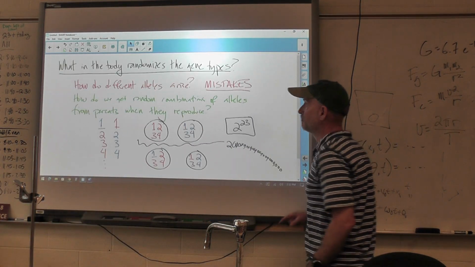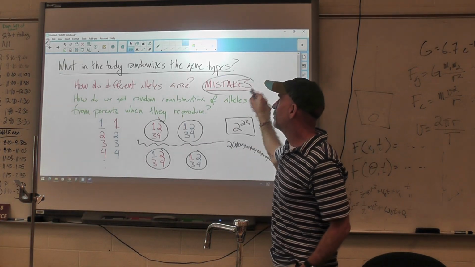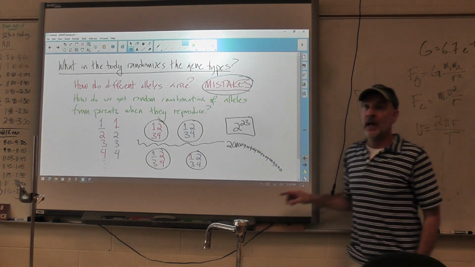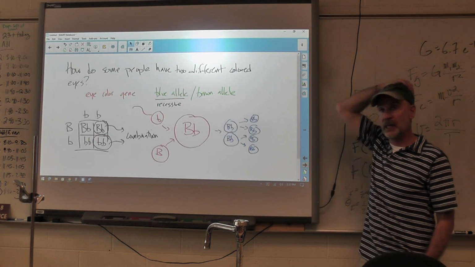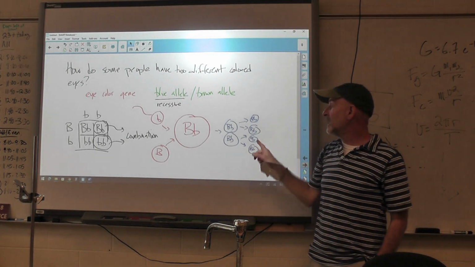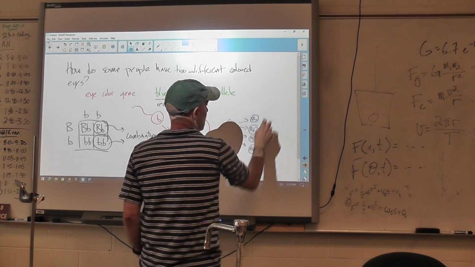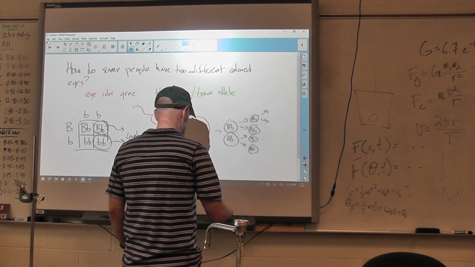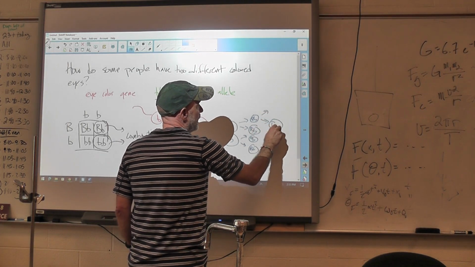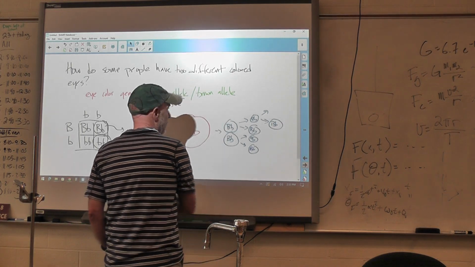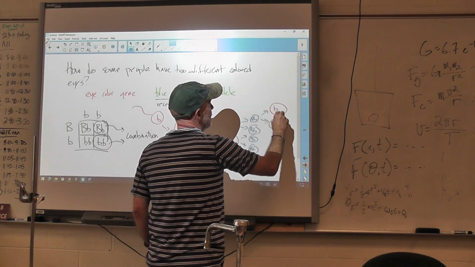Mistakes. And there's two ways that you can get a mistake. One is in the allele itself. At some point, there may have been a split that resulted in one of the cells being heterozygous and the other being homozygous recessive.